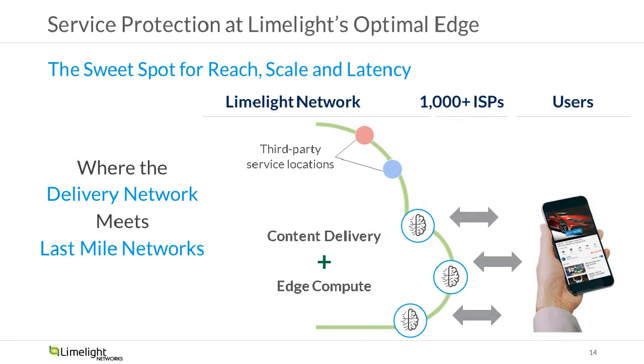Thanks, Olivier. So service protection can really be optimal when done at the edge of a network like Limelight's network. It's really a sweet spot for customer reach, global scale, and low latency.